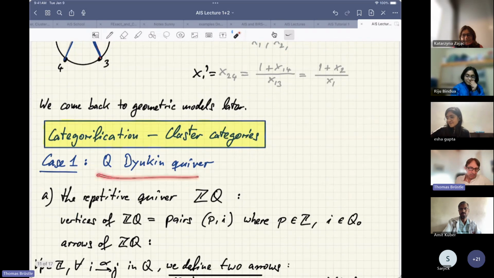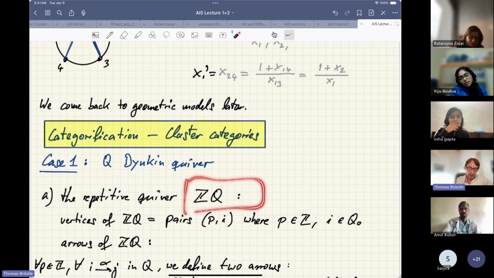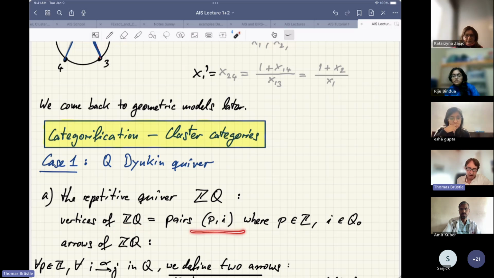We have given a Dynkin quiver. What you can form first is the repetitive quiver. So we want to give ourselves Z copies, as many copies of the quiver Q as there are numbers in the integers. So for the vertices, we just take pairs (p, i) where p is an integer and i is a vertex.